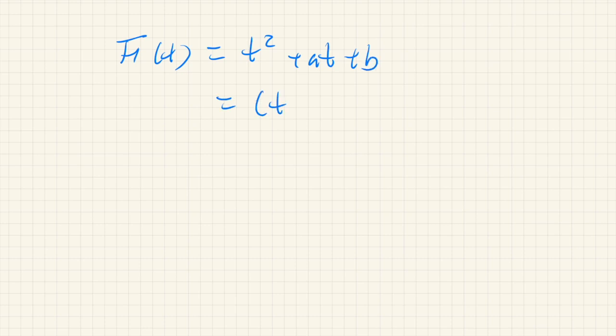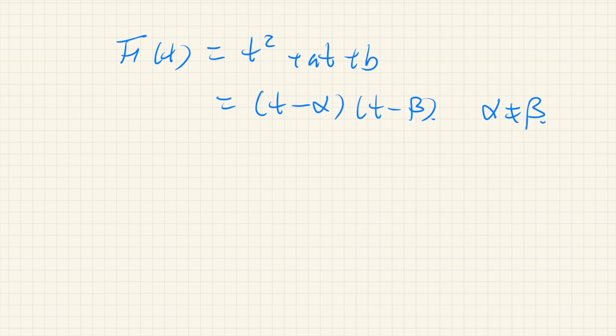Okay, next let's consider the case when the polynomial is quadratic. t squared plus a t plus b, and if factorized, it may have something like this: t minus alpha, t minus beta, and here we assume that alpha is not equal to beta, so the solution is not redundant.